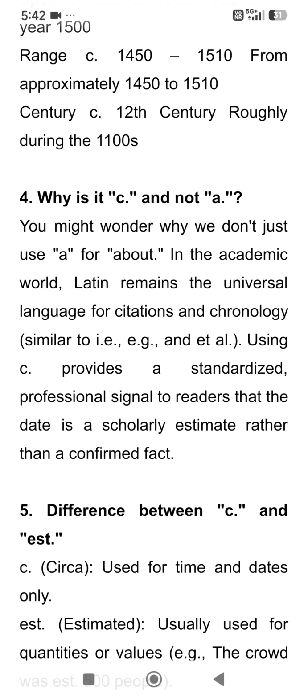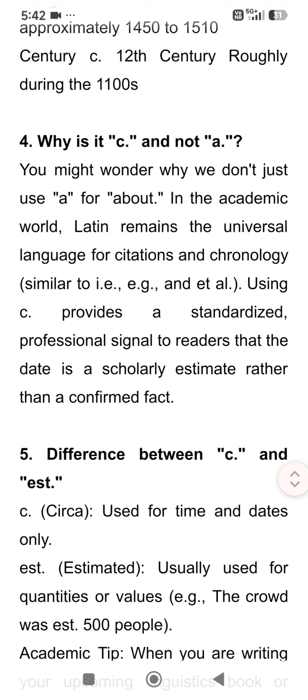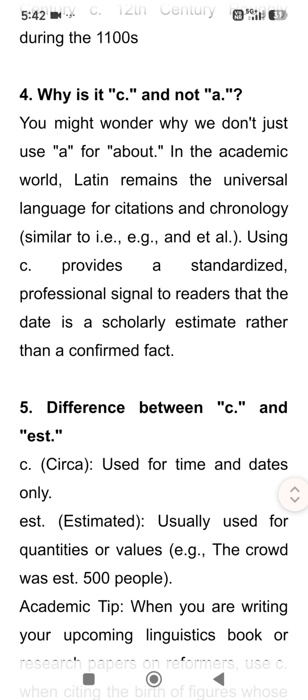A range: circa 1450 to 1510 means approximately 1450 to 1510. Century: if you write circa 12th century, it means roughly during the 1100s, right? So that is the 12th century.